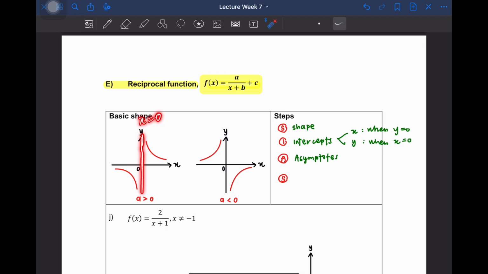Okay, and then for the horizontal asymptote, it will not touch this axis. So this is for y equal to 0. Okay, so there is a way to find them. So to find the asymptotes, we name them the vertical asymptote and the horizontal asymptote.